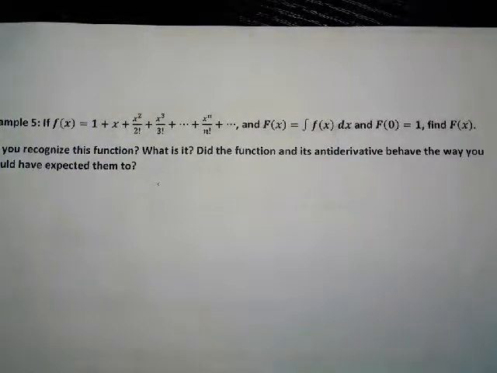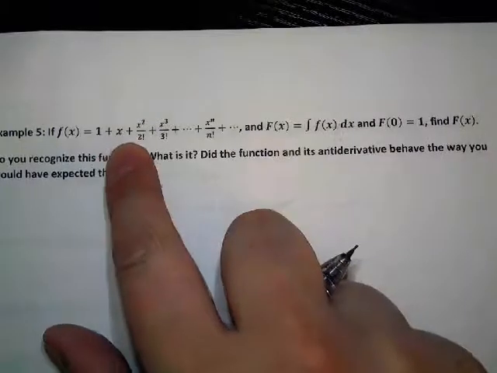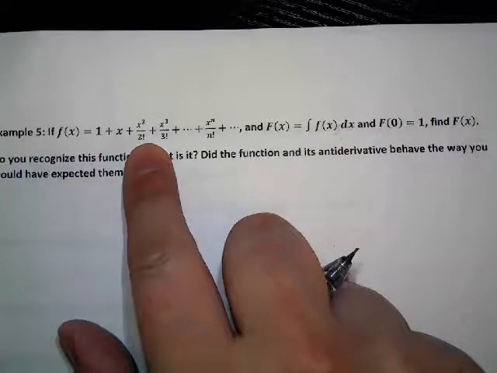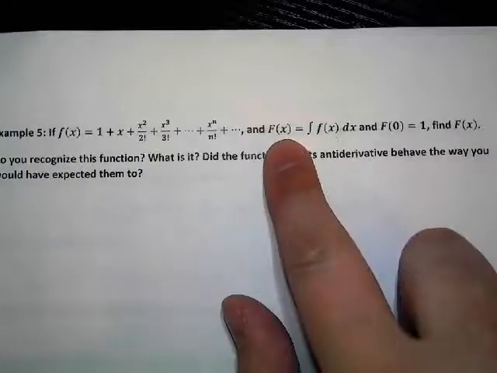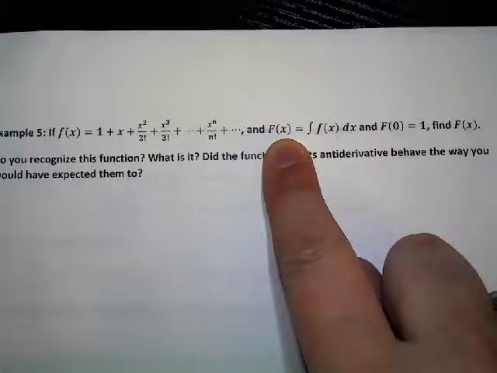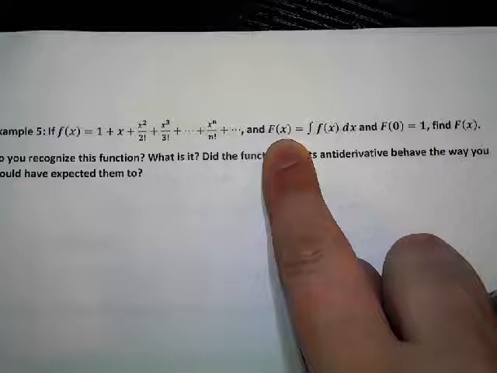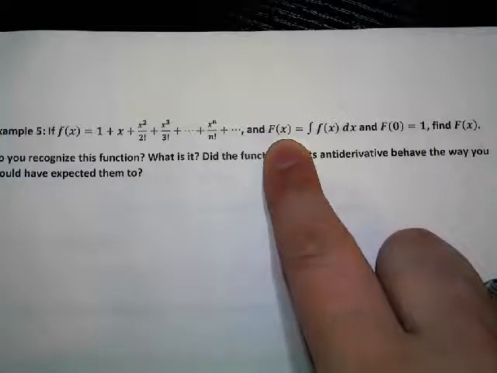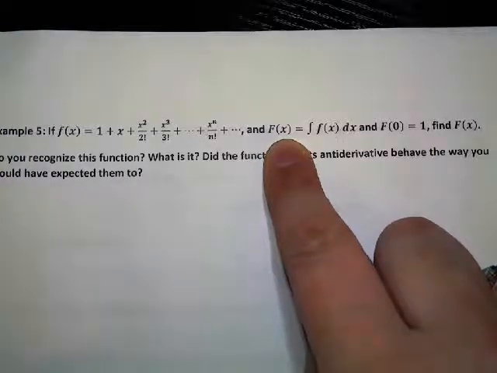They're saying we have e to the x, and they want us to find the antiderivative. What's the antiderivative of e to the x? It's e to the x. So what we're doing right now is showing that with Taylor polynomials, the derivative and the antiderivative are going to be what you expect them to be, okay?